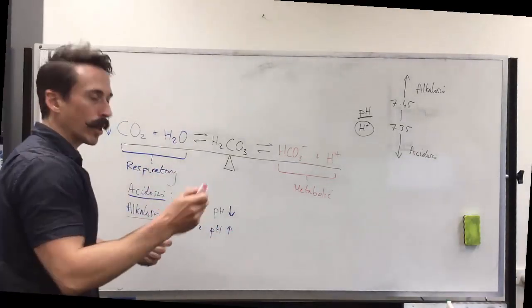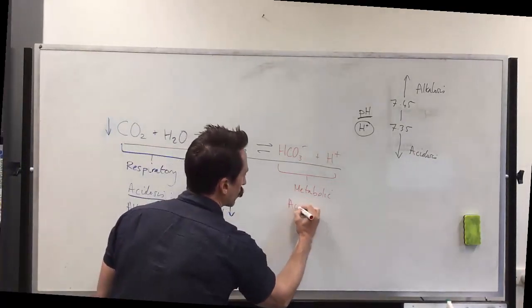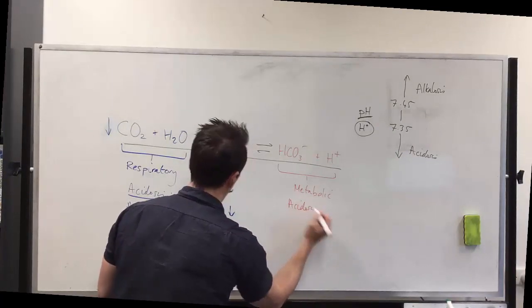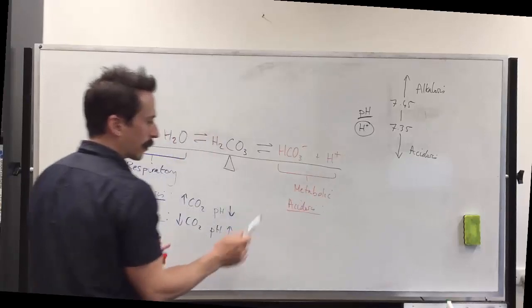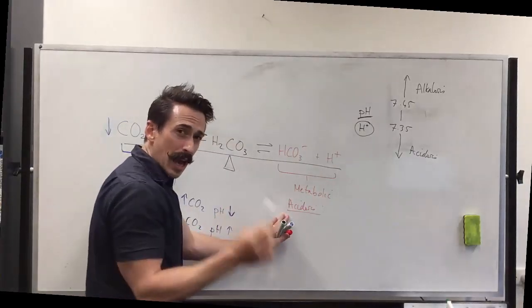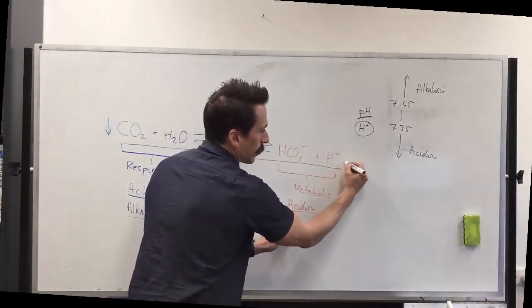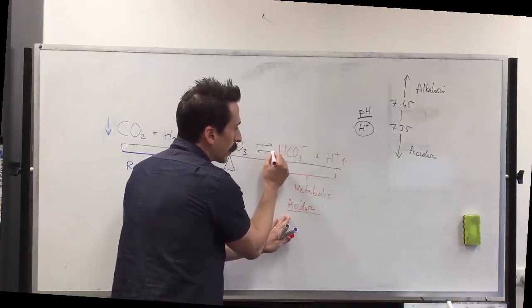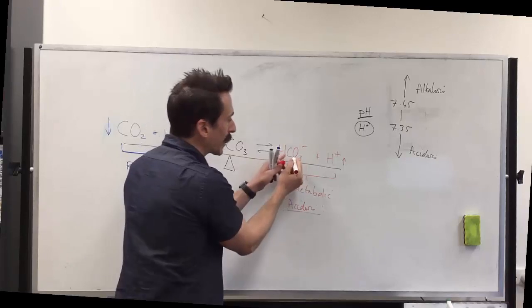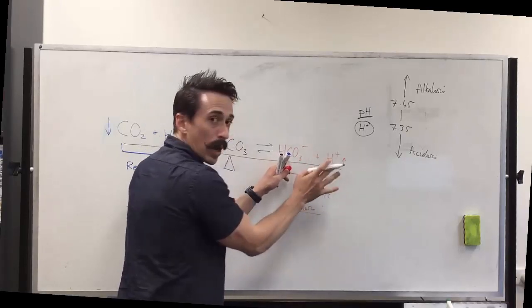What about metabolic? Metabolic acidosis is referring to what's happening here. Now think about it. Metabolic acidosis can happen either if you increase the amount of hydrogen ions or if you decrease the amount of bicarbonate, because bicarbonate binds the hydrogen to mop it up and get rid of it.